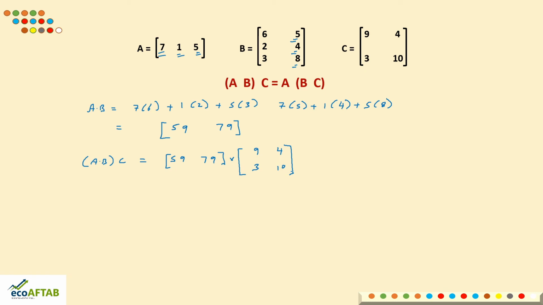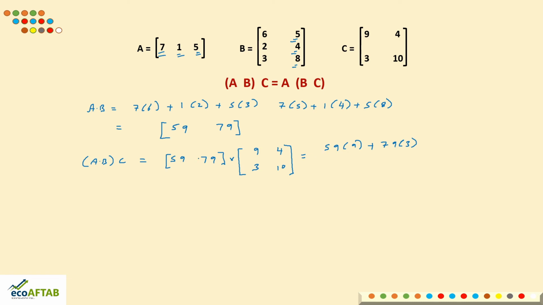Now when we do this thing, what will we get? So 59 into 9 plus 79 into 3.